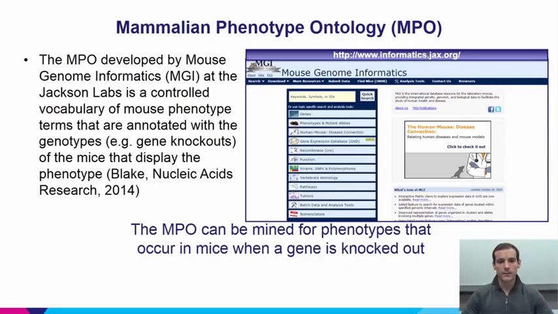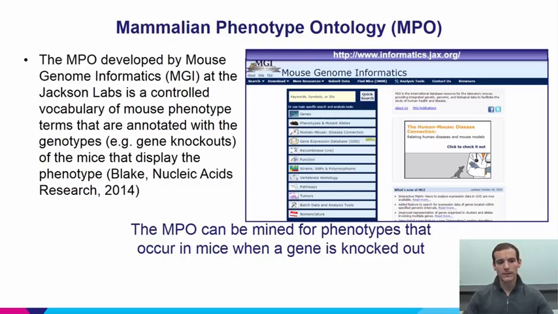This next resource is called the Mammalian Phenotype Ontology. It can be accessed through this website that's shown in the screenshot on the right. And this was developed by the Mouse Genome Informatics group at the Jackson Laboratory. And what an ontology is, it's a controlled vocabulary.